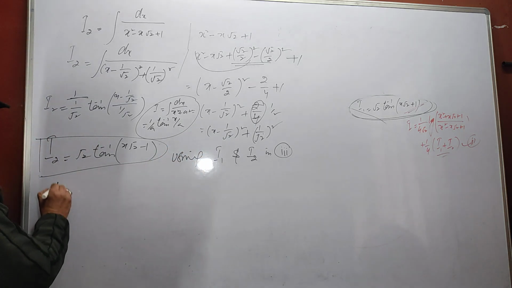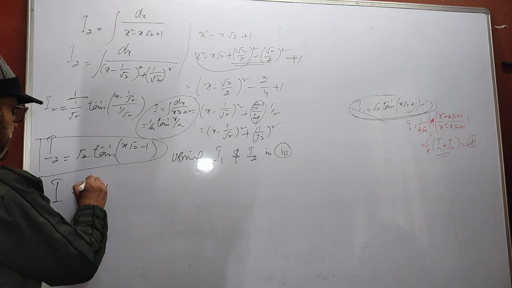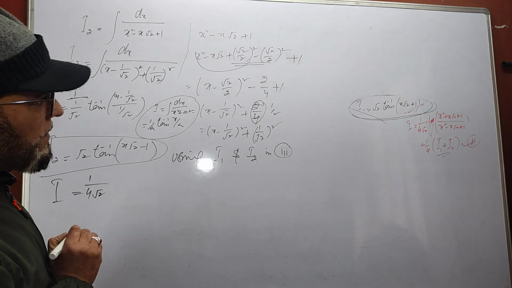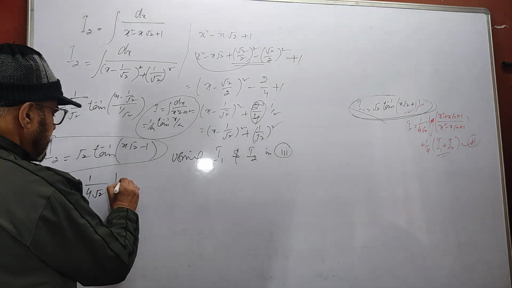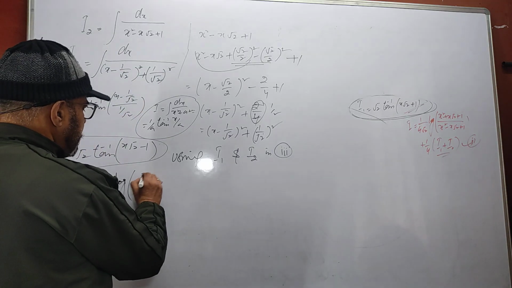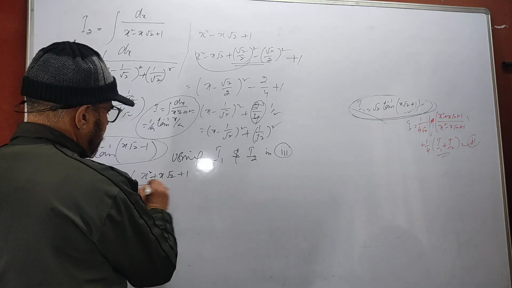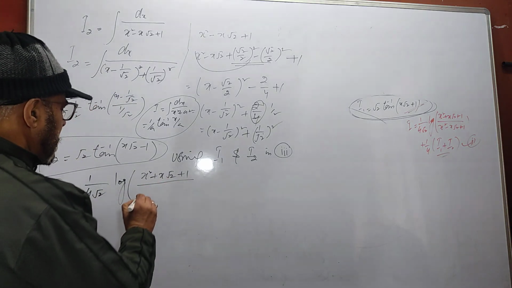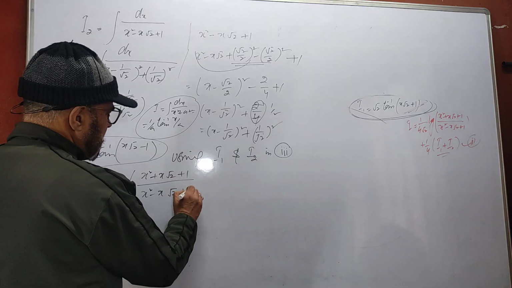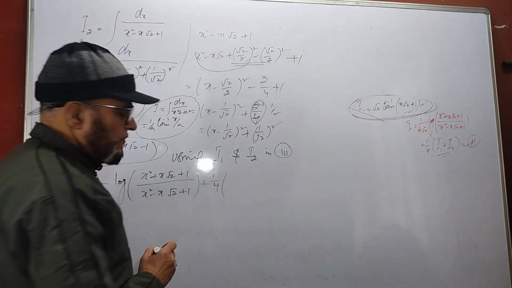It is given integral I is equal to 1 upon 4 root 2 log of x square plus x root 2 plus 1 upon x square minus x root 2 plus 1, then plus 1 by 4 out.